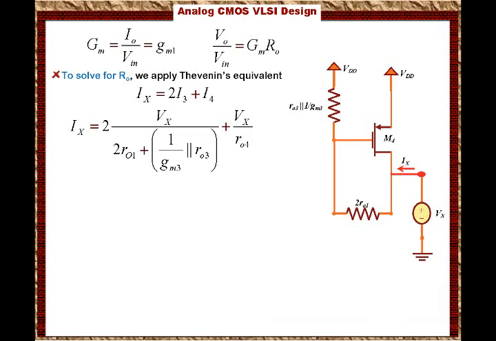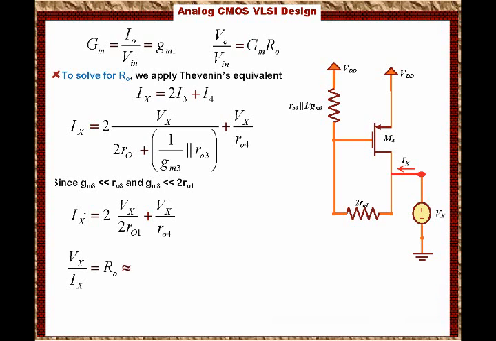Now we're going to simplify this expression. If 1 over GM3 is much smaller than RO3, which is usually the case, and much smaller than 2 times RO1, then we can say that Ix is approximately equal to 2 times Vx over 2 times RO1 plus Vx over RO4. And now we can find the output resistance, which is Vx over Ix, that is RO.